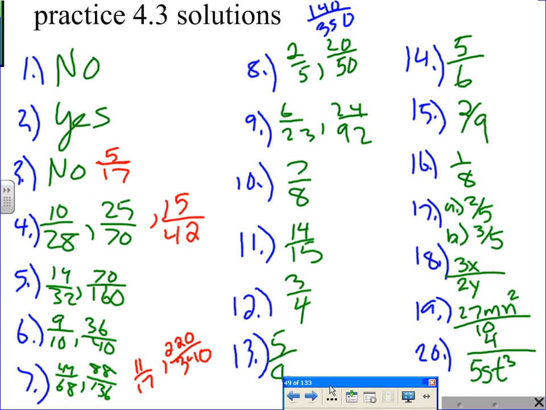Okay. Questions. Matt. That's fine. That's not really simplest form, but I wouldn't mark it wrong.